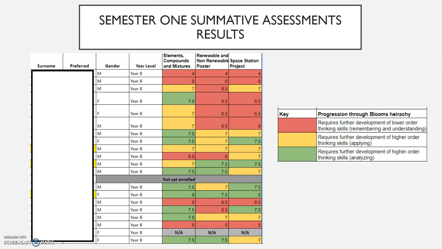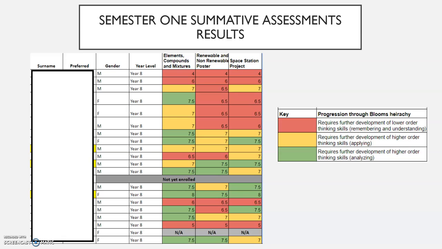This table shows the summative assessment outcomes achieved by level 8 students after each corresponding unit of study. Scores were determined by student ability to demonstrate depth of thinking skills and overall demonstration of understanding of the topic.